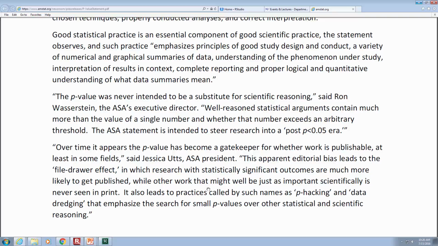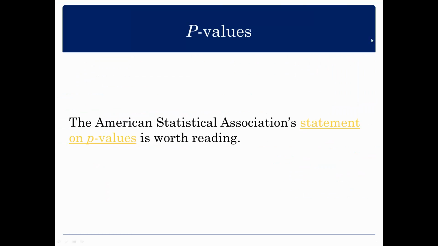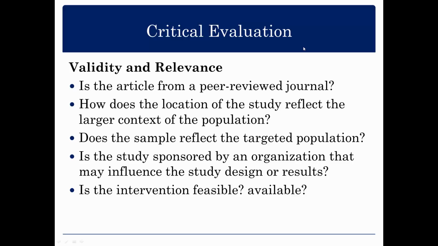The ASA statement is intended to steer research into a post-p less than 0.05 era. We'll see how quickly we can do that. I'm not sure that we're going to move away from it at any point. I'm not sure that we really need to move away from it, but I think as long as we can understand the limitations of the p-value, then we can do a better job of using it to help us make decisions. We'll get into p-values more when we get more into hypothesis testing.